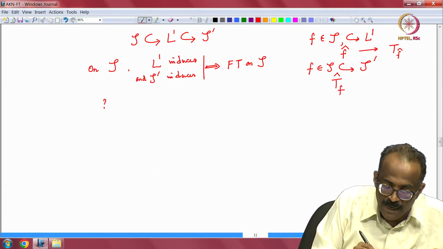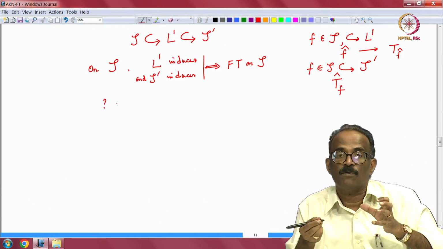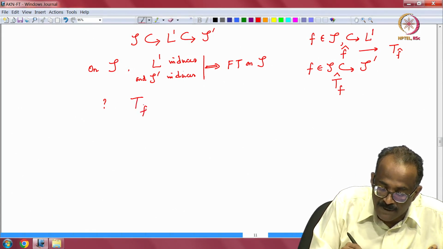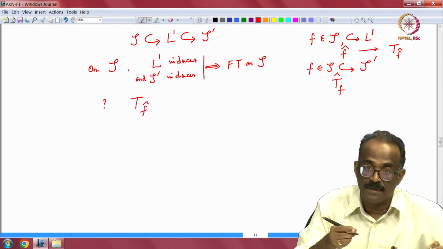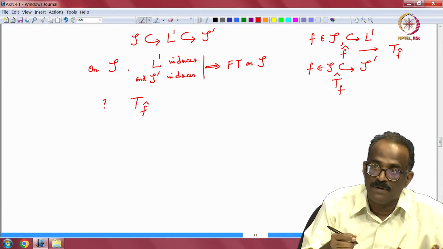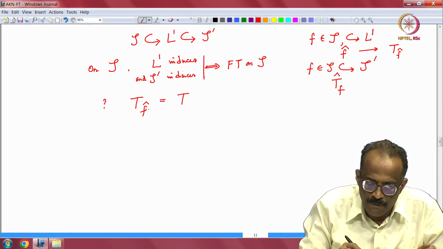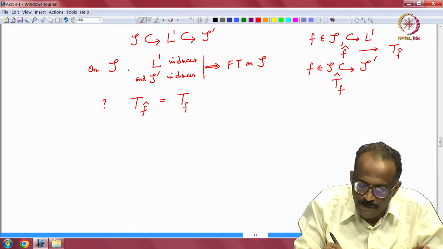So, the question is that you want both Fourier transforms to be the same. Hence, we have to prove that the T of f hat is equal to (T_f) hat.